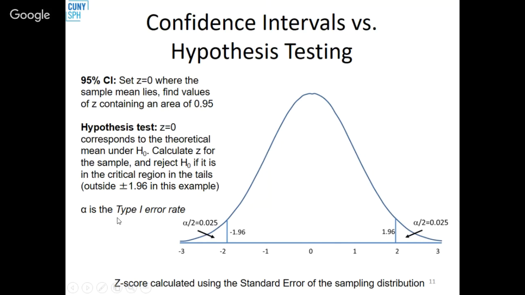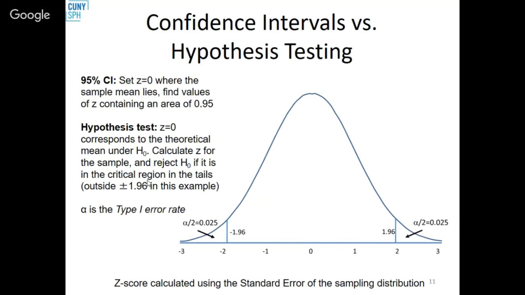On the other hand, if you were to think of this as a hypothesis testing situation, z equals 0 would correspond not to the sample mean, but to the theoretical mean under H0. You would calculate z for your sample from the difference in the sample mean to the null population mean, and then you would reject H0 if that value of z lied outside of the critical region, which would be anything greater than plus or minus 1.96.